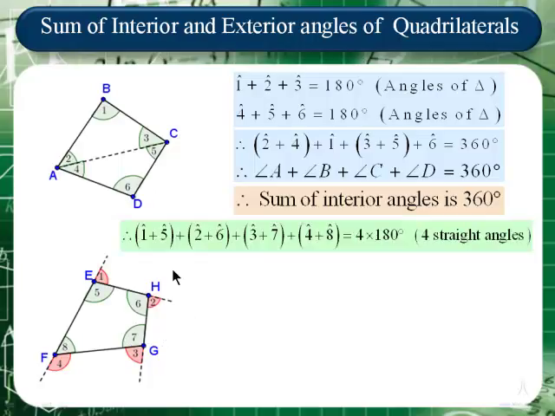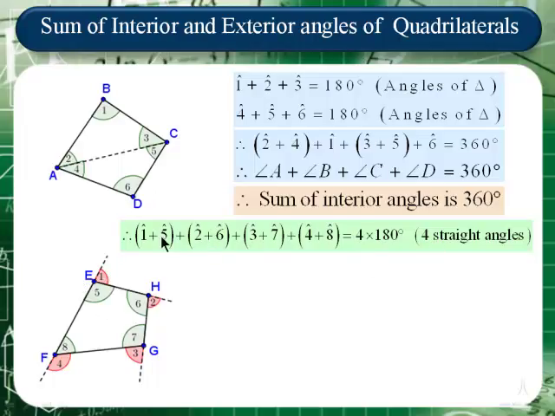Now, what do we note? We note that the sum of angles 1 and 5, 2 and 6, or 3 and 7, or 4 and 8, all these pairs actually form straight angles. So we have 4 straight angles.